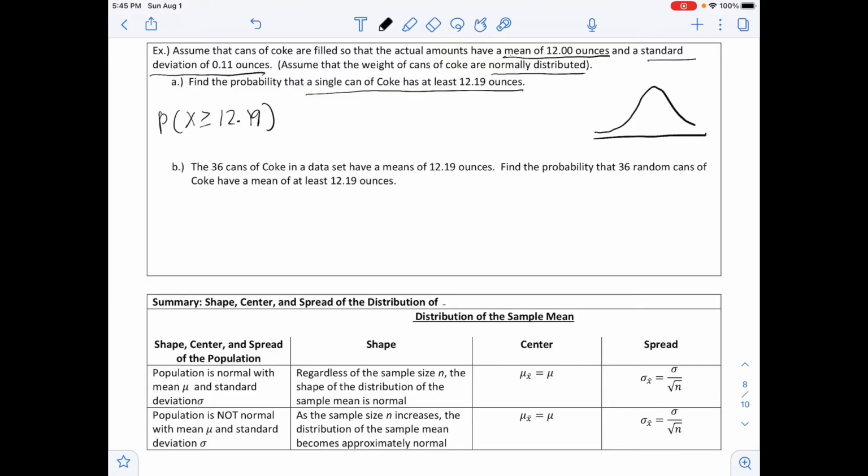Sketching our normal distribution gives us a little visual representation here. The mean is 12, so to the right we have 12.19. It says at least 12.19, so we shade to the right.